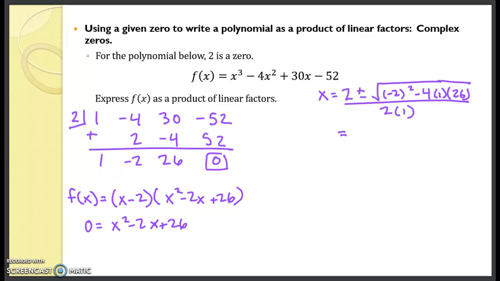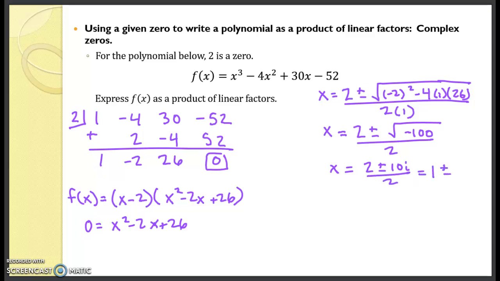Now after simplifying a little more, we're going to get the square root of negative 100 over 2. So x ends up being equal to 2 plus or minus 10i over 2, which is equal to 1 plus or minus 5i.